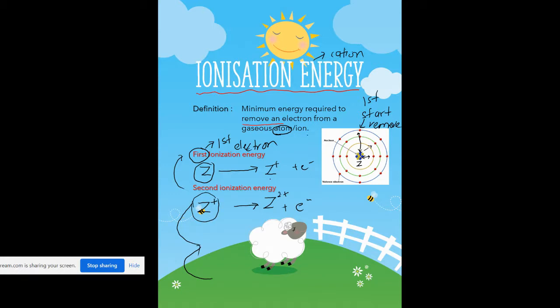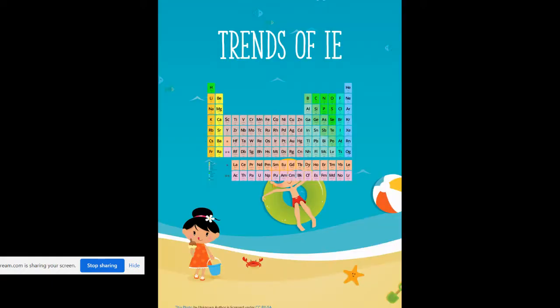Therefore, for second ionization energy, the definition will be the minimum energy required to remove an electron from an ion, not an atom. Atom is only for the first ionization energy, right? Are we okay? Let's proceed.